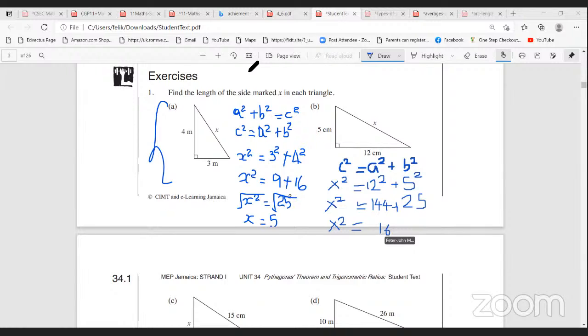The square root of 169 is 13, so x equals 13. Yes, miss, x equals 13.